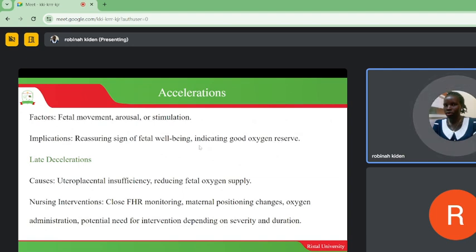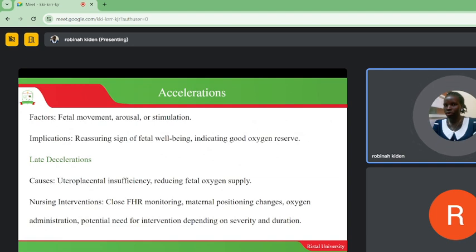So when the fetus is moving frequently and there is some acceleration, or just an increase in the heart rate a little but not more, it is a sign that the fetus is doing well and is getting enough oxygen.